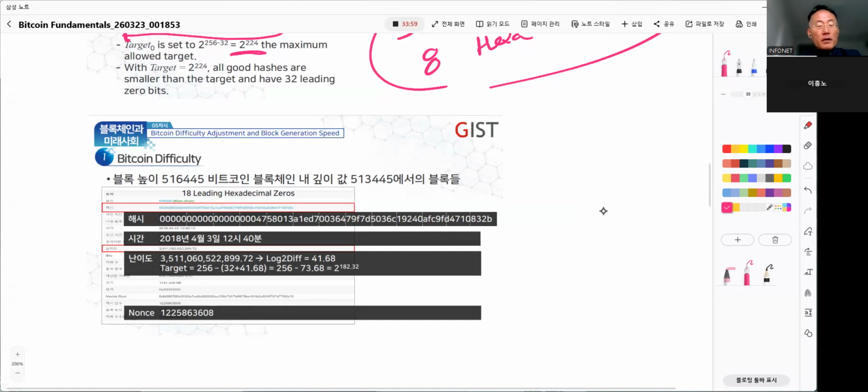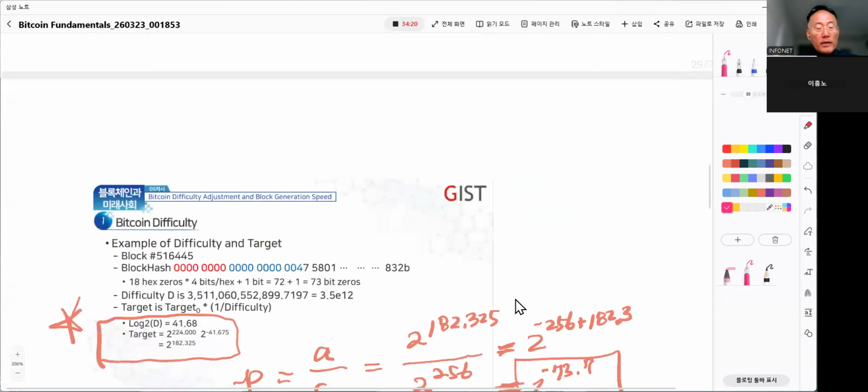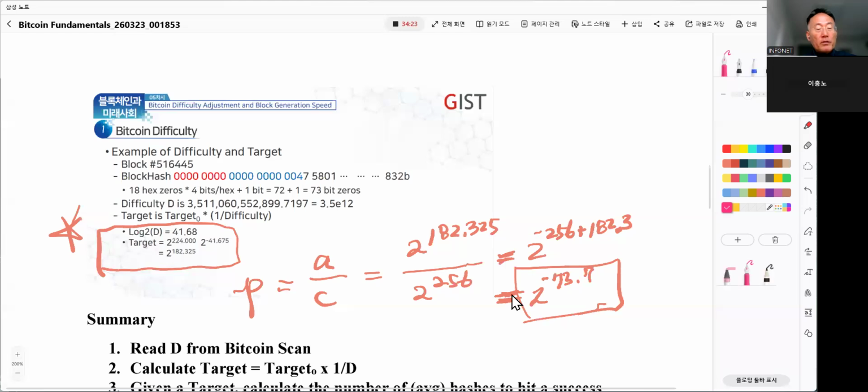Currently, 5 years back, this is the number of hexadecimal zeros in front of the successful hash. And in terms of target, the size is this one now. You can take a look at it. When we take a look at the difficulty written in the block header, there is a number like that.